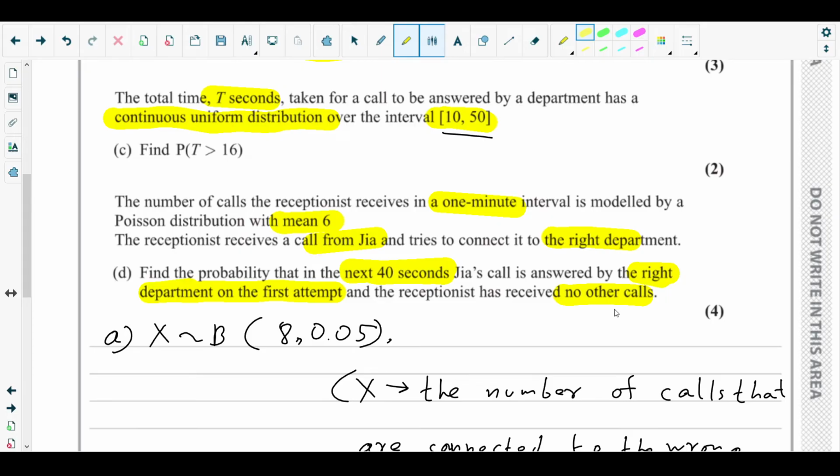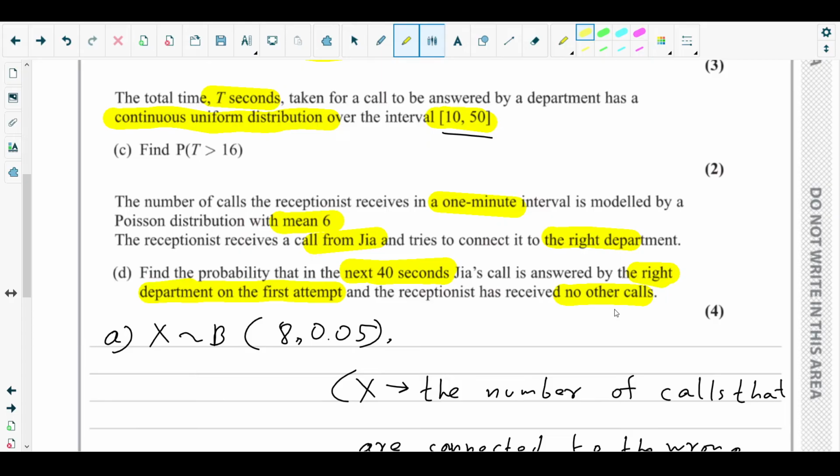When you are reading the question, you should be able to figure out the events. If you can't figure out the events clearly, independently, then you would not be able to answer this question. So the first focus has to be to find out the independent events.